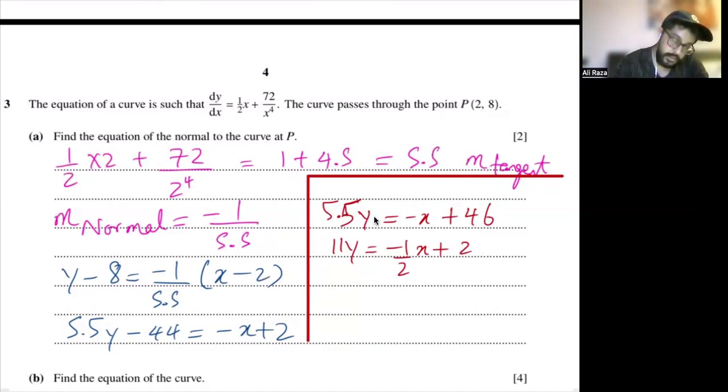So that would be multiplied by 2. So this would be minus 2x plus 92. So the equation can be given as 11y plus 2x is equal to 92 as well.